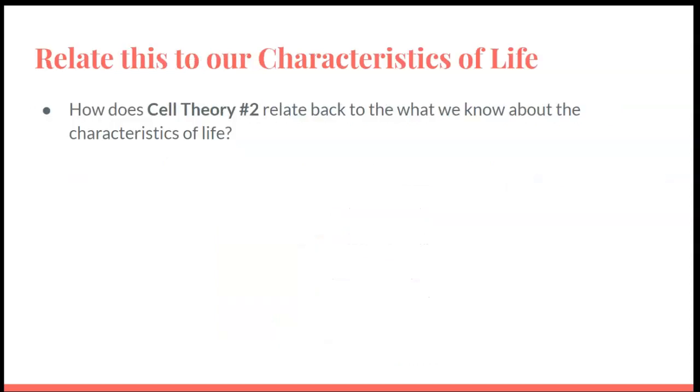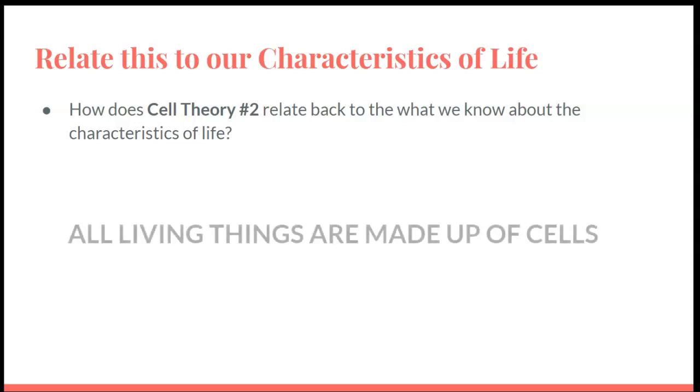Now, how does this relate back to our characteristics of life? Think about the 8 characteristics that we've talked about and which one would best fit this part of the cell theory. If you said that all living things are made up of cells, good job.